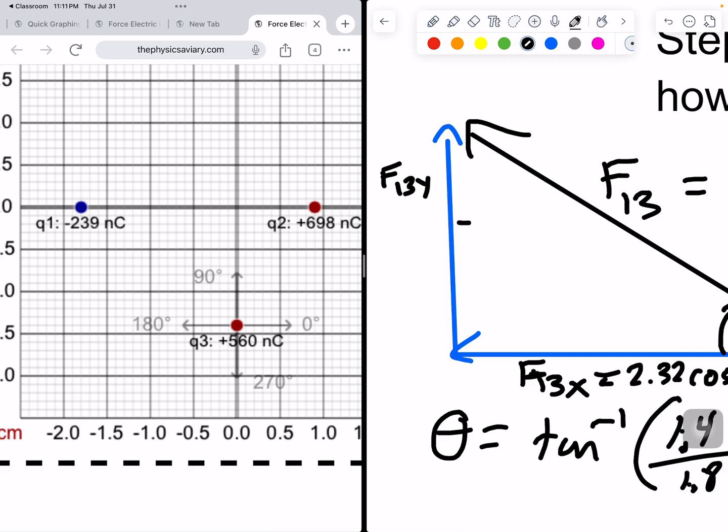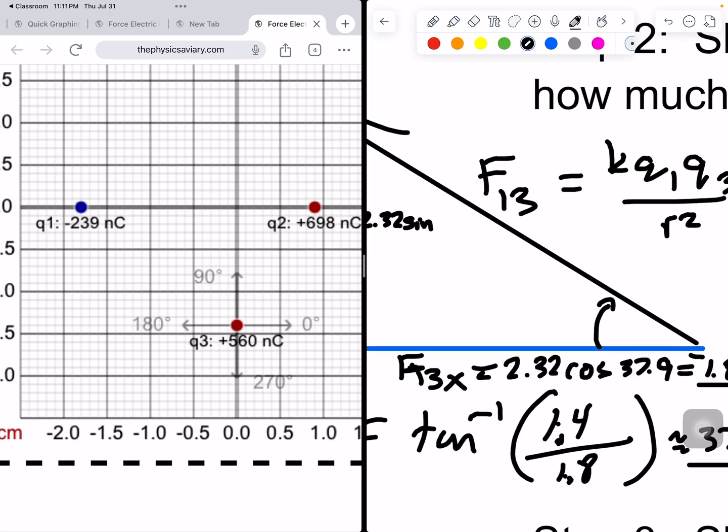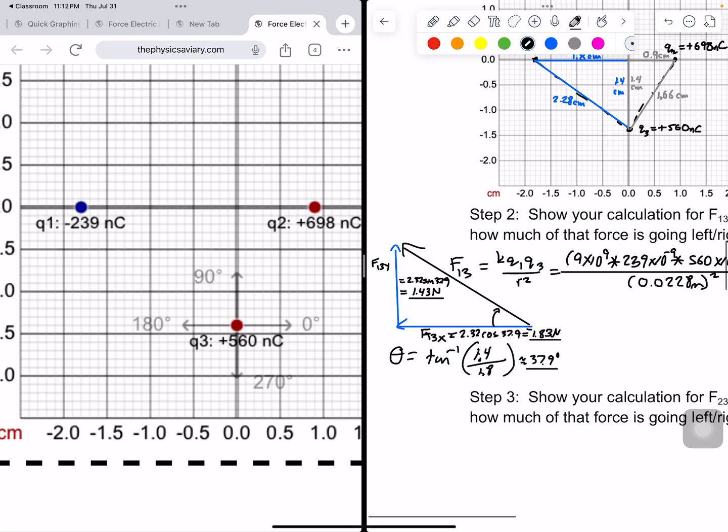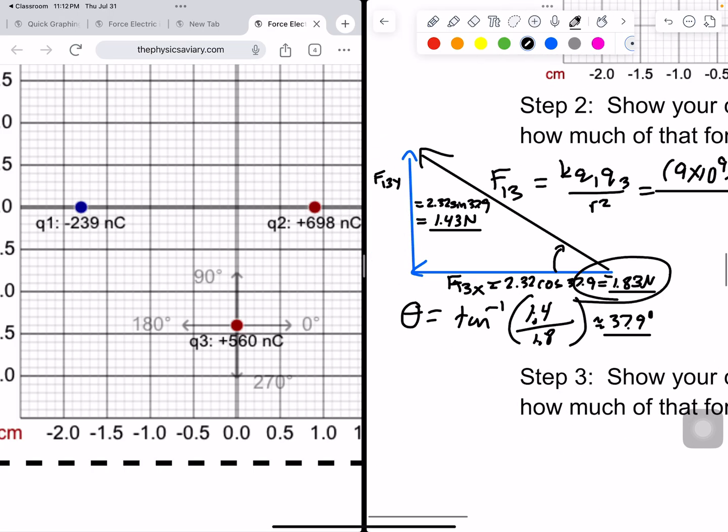And that is going to be 2.32 times the sine of 37.9. Now for this, I'm getting about 1.43 newtons. So pause the video at this point and figure out your x and y components of F13.